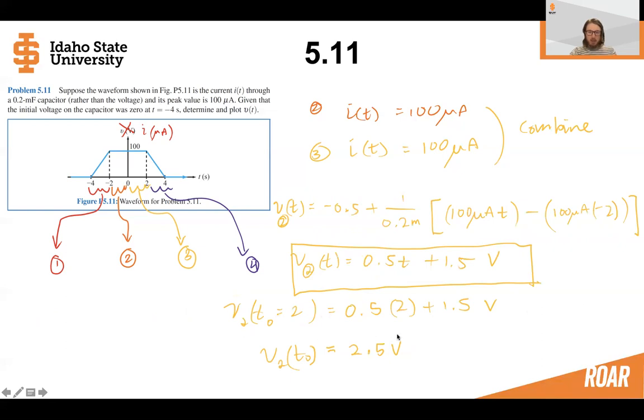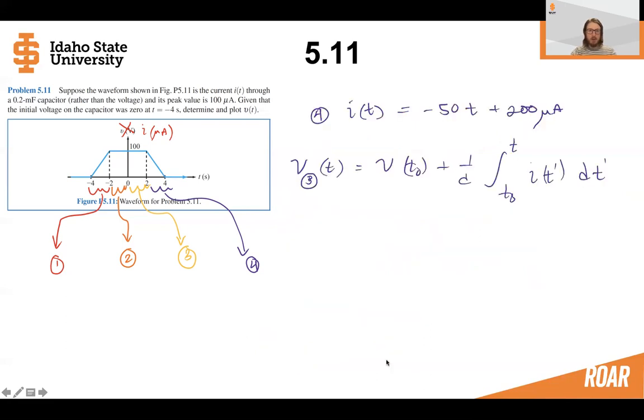Let's take a look again, because we're going to need another initial voltage. At time t equals 2, we can see that the voltage is equal to 2.5. So this 2.5 volts is going to become a new initial voltage for the next area. For the voltage in this area, we have an initial voltage plus this integral again, and the initial voltage is 2.5, which we calculated in the previous area.